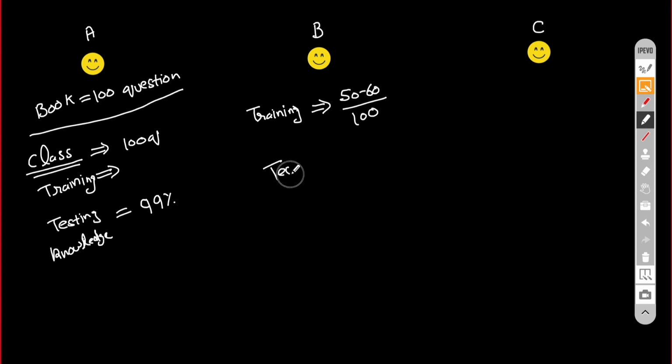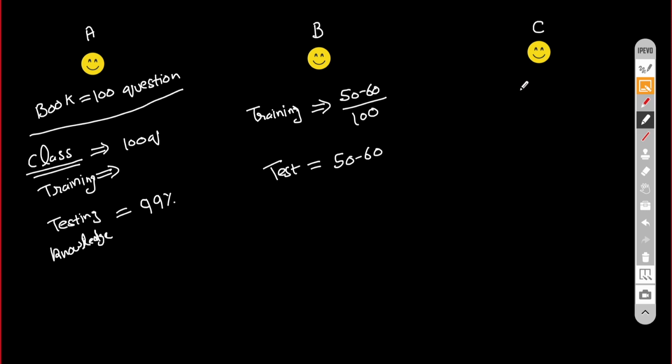And when you test the knowledge in the examination, he performs poorly, because he understood only 50 to 60%, he cannot go beyond this. So he gets a score of 50 to 60, or maybe he can perform even more poorly.